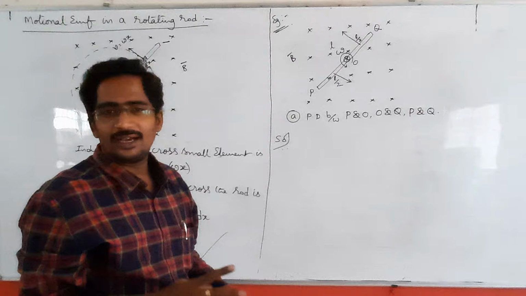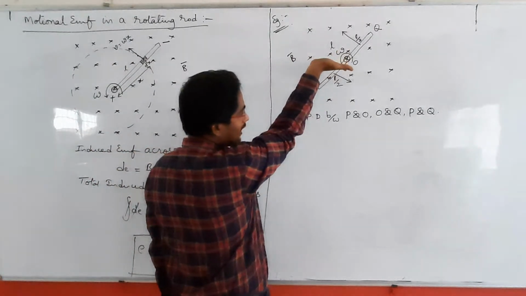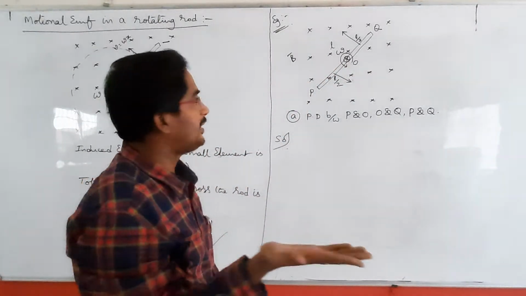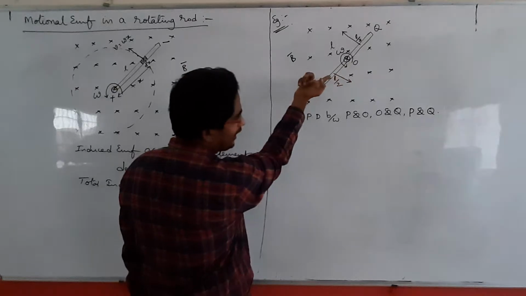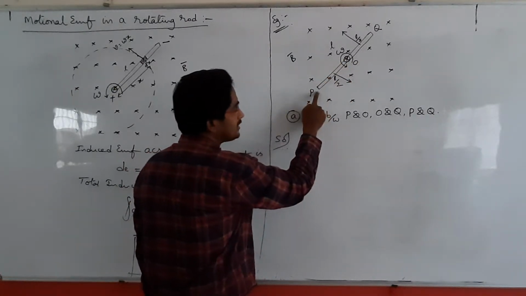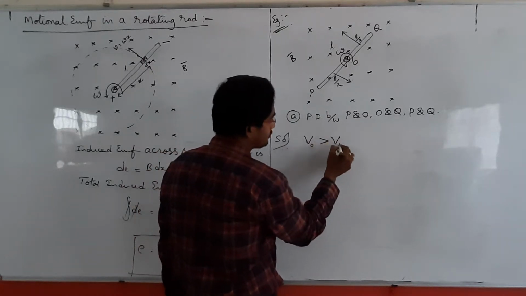Then if you apply the palm rule, BLV, that means for the induced EMF direction, B direction inward, V direction downward, O is at high potential and P is at low potential, such that VO is greater than VP.